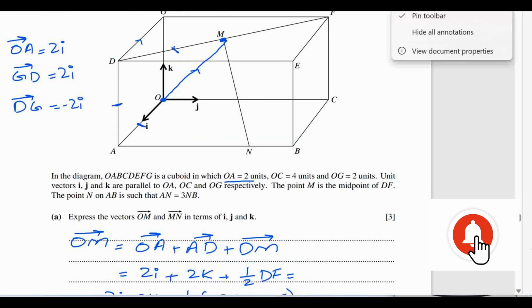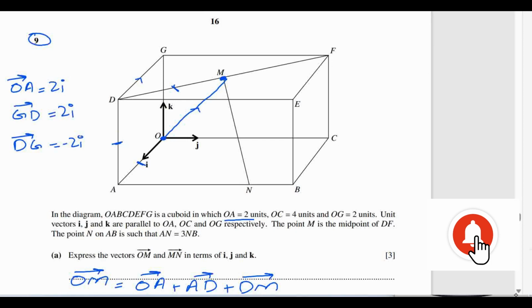Now G to F will be equal to O to C. The value of OC is 4 units, so GF will be 4 units in this direction, so 4J. Simply put these two values in the equation.